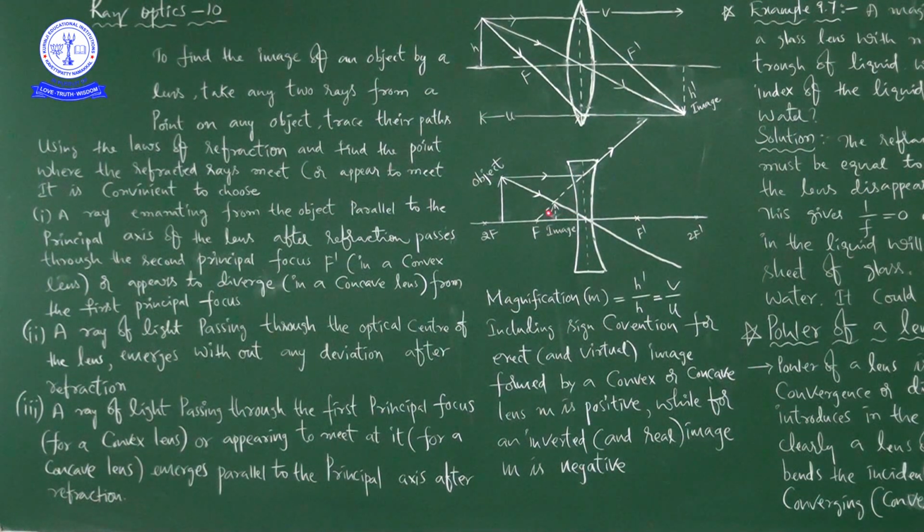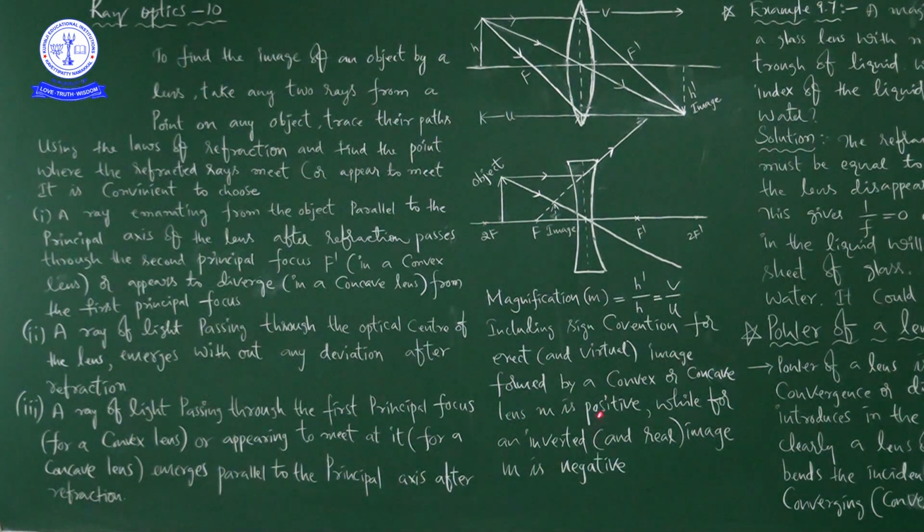Here you can see this is the erect and virtual image, right? For an erect and virtual image formed by a convex or concave lens, M is positive, while for an inverted and real image, M is negative.